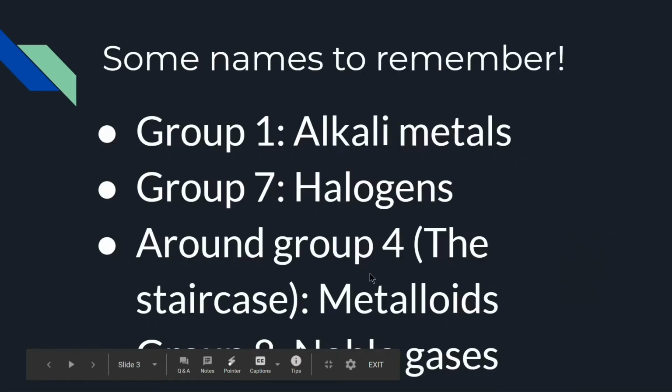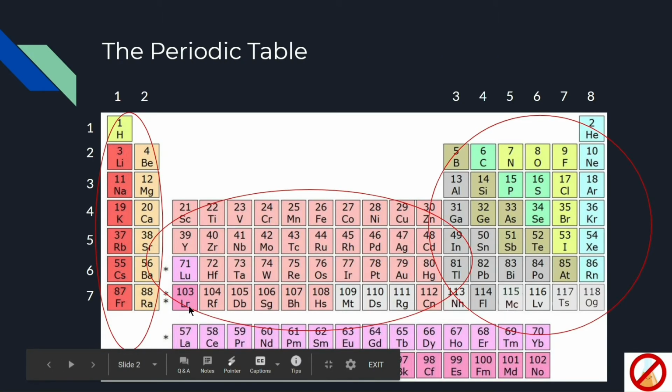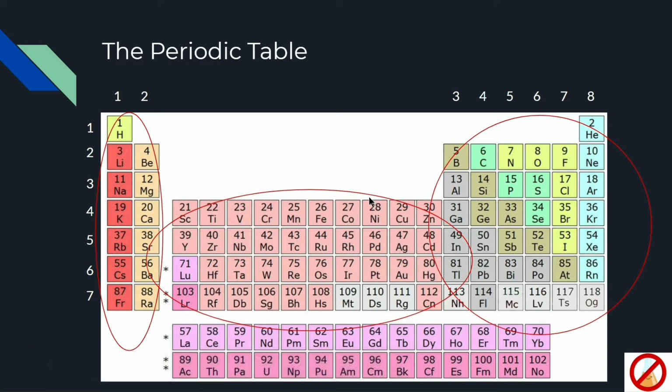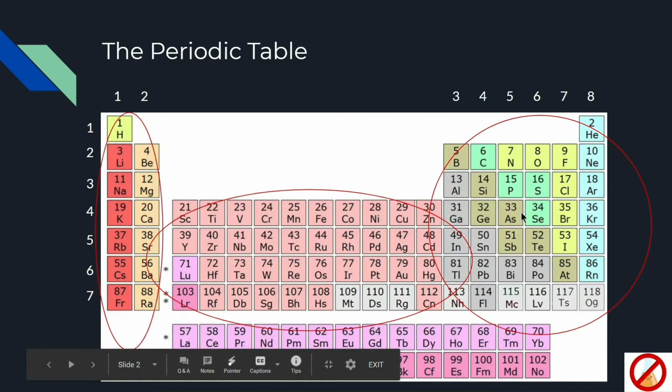Then I have to introduce something called the staircase. The reason we have this is because it is a clear line to separate metals and non-metals. The staircase I refer to is around here. If you look below boron, we got aluminium right here. So this is a zigzag staircase pattern, and this separates the metals and the non-metals.